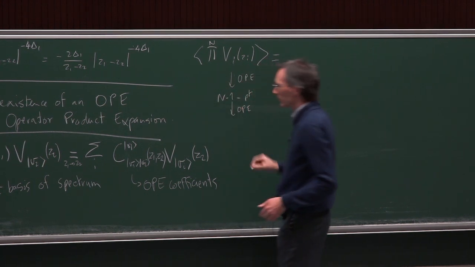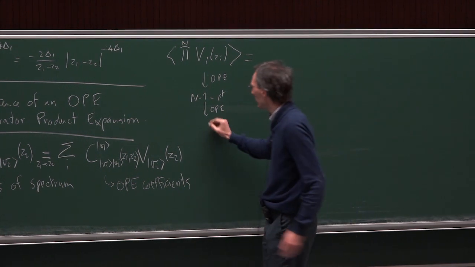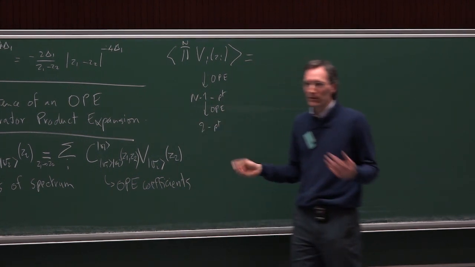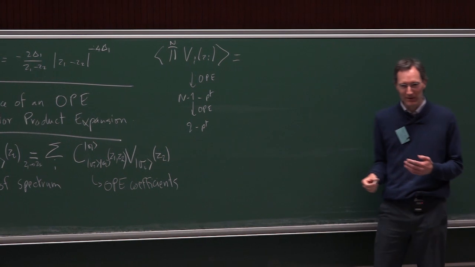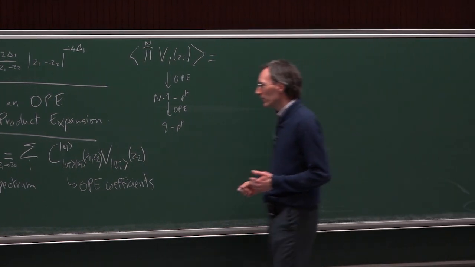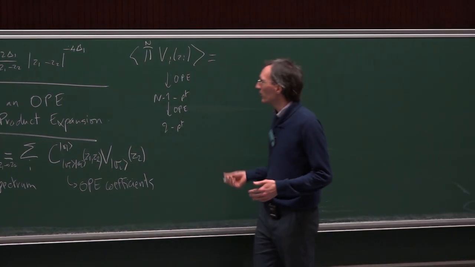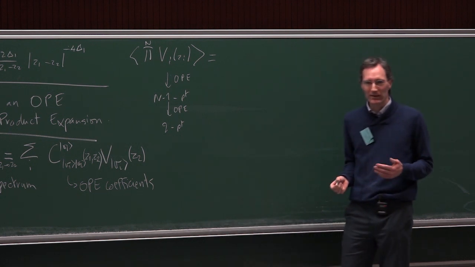And we can use further operator product expansions until we reach, let's say, a 2-point function. And 2-point functions are essentially trivial by conformal symmetry. So if we know the operator product expansion, we can compute any correlation function, basically.